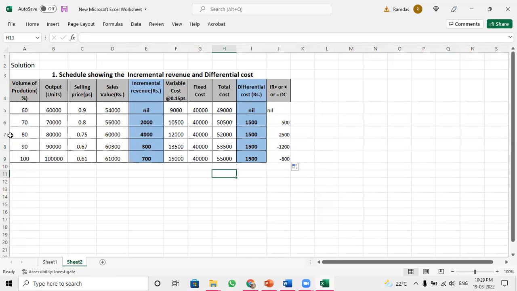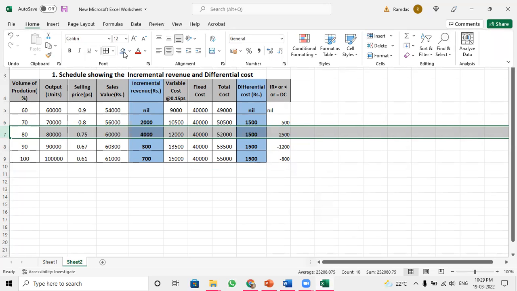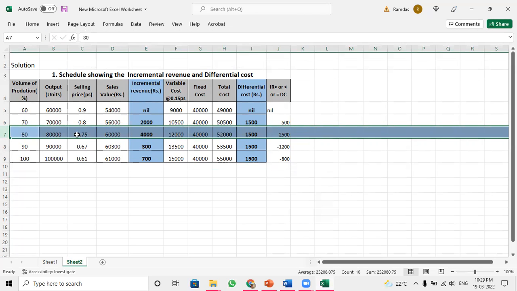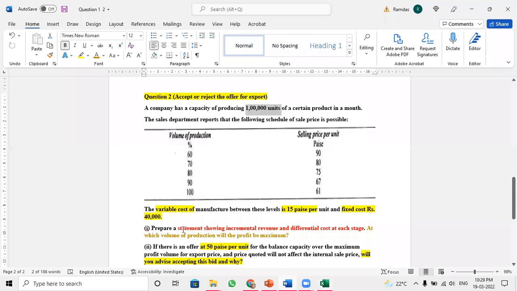So which is the level of activity that you can choose? You can choose 80% level of activity. So what they've asked you is, prepare a statement showing incremental revenue and differential cost at each stage, and at which volume of production will the profit be maximum.